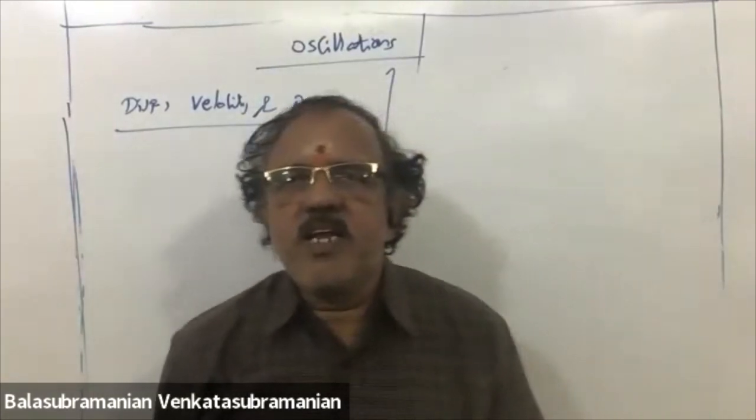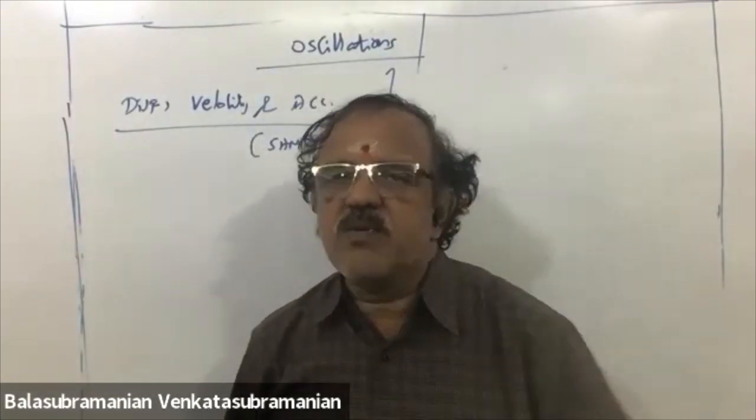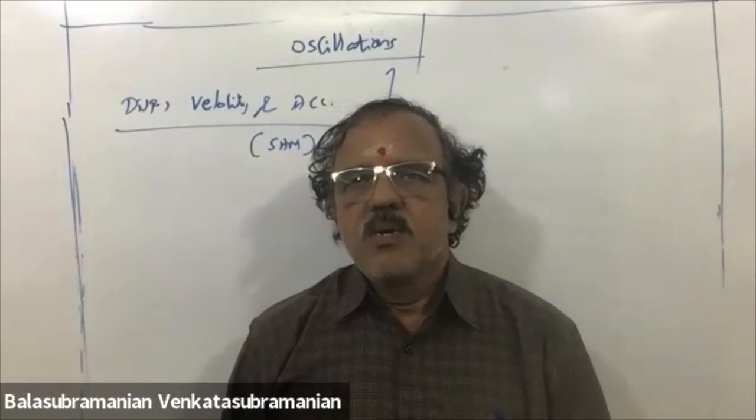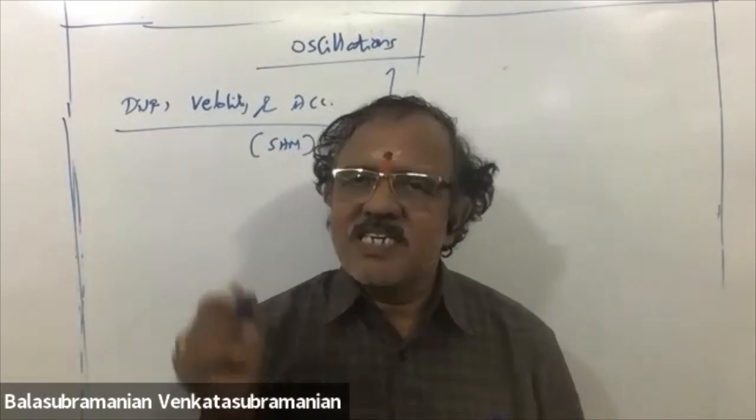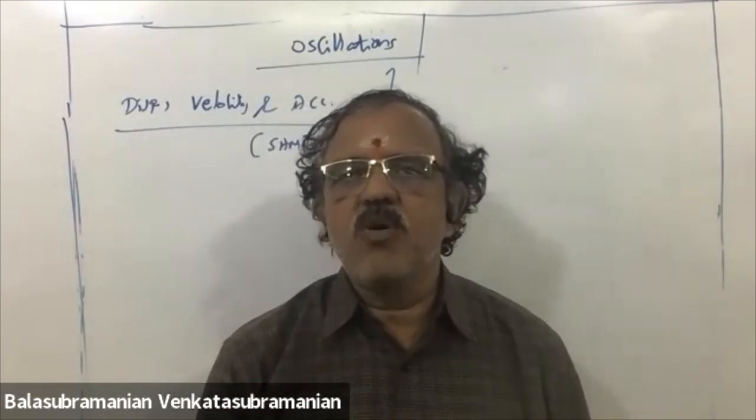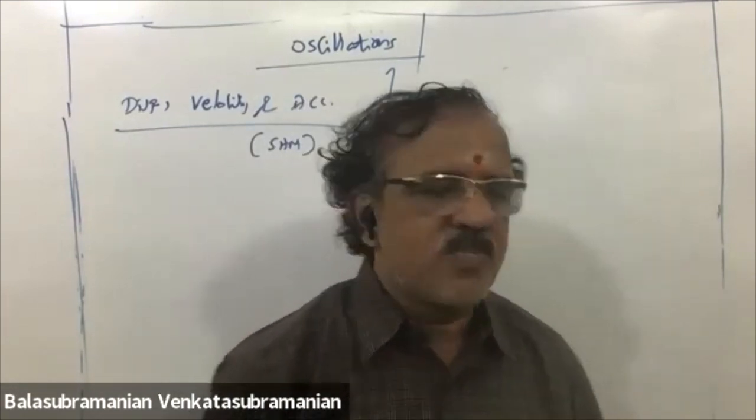Particle moving in a uniform circular motion. Particle is moving in uniform circular motion, that is called as SHM. How a particle moving in uniform circular motion is SHM, sir?